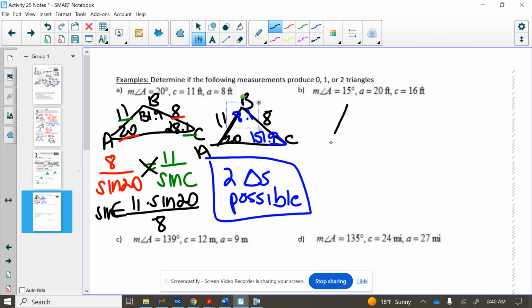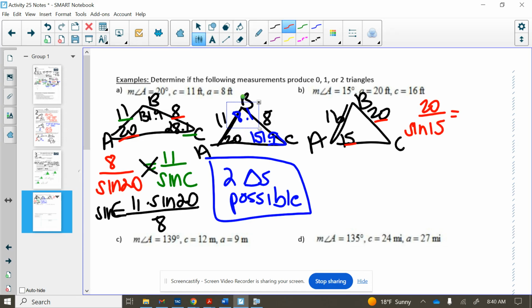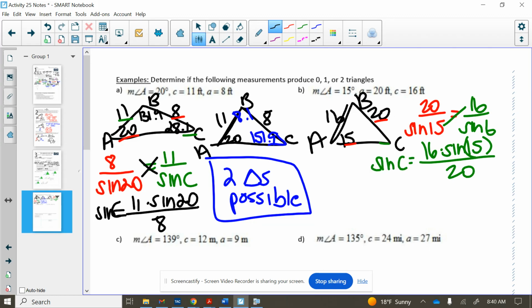In our second example, okay, we are again given an angle, little a this time is 20. We are looking for C. This time as we go to start solving, we can take our given angle inside, so 20 over the sine of 15 degrees is going to equal 16 over the sine of C. So again, we can cross multiply and solve. 16 times the sine of 15 degrees, all divided by 20, is what the sine is equaling.